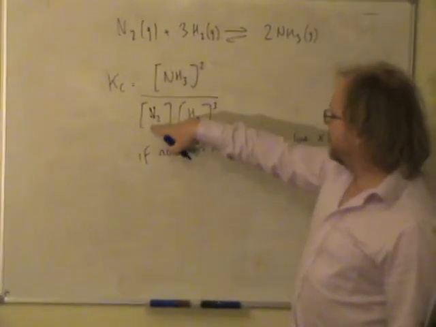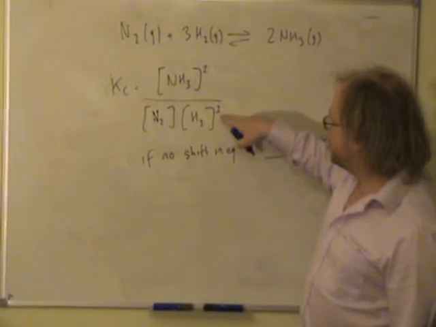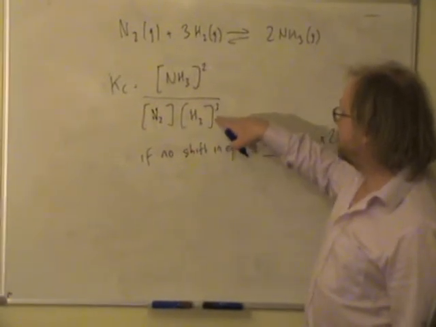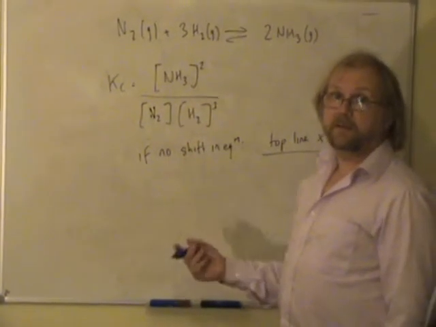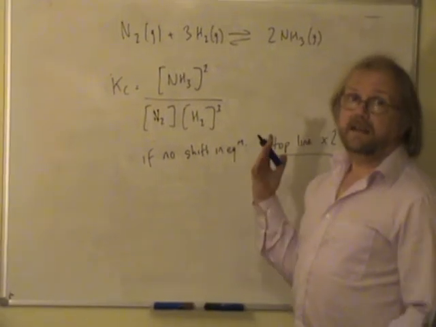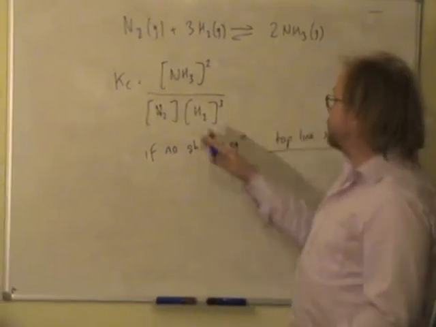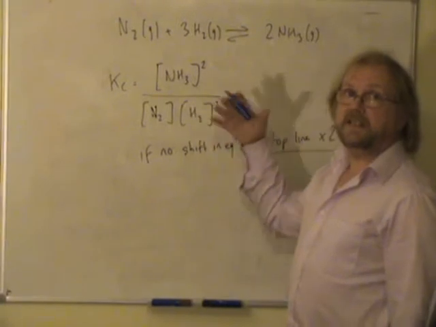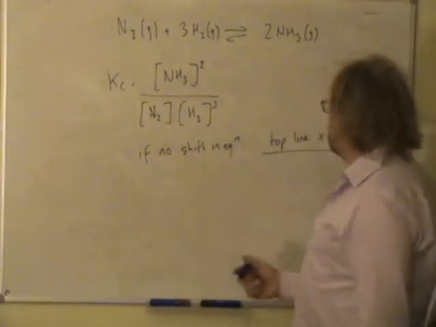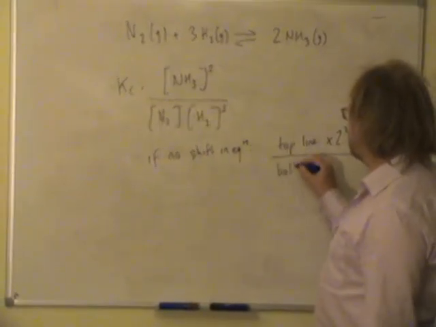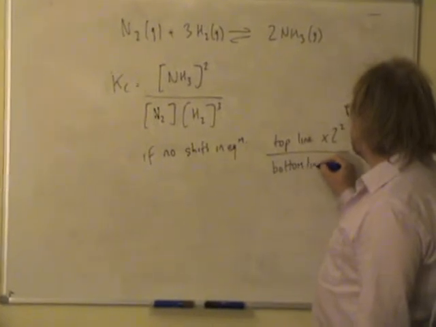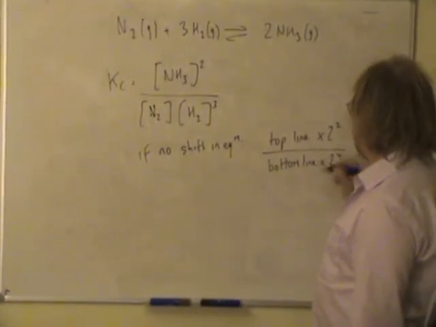But the bottom line, you've got concentration to the power 4 there. So if you double the pressure, the bottom line will increase by a factor of 2 to the power 4.